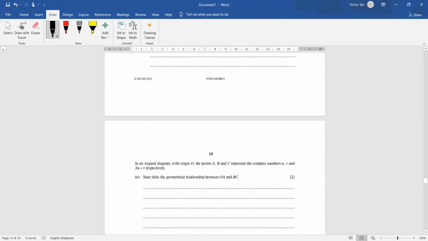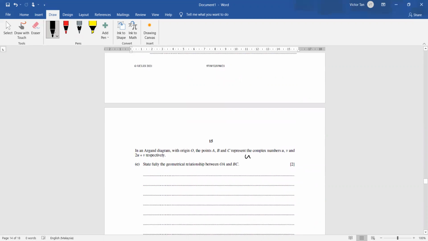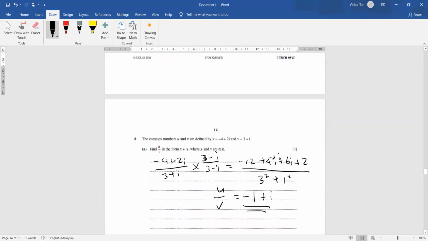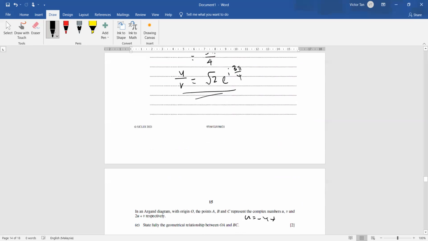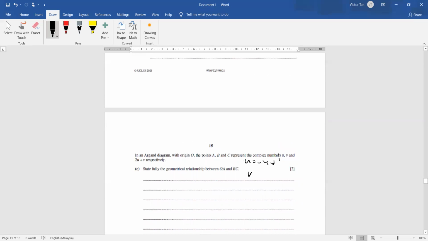U equals minus 4 plus I. V equals 3 plus I. 2U plus V equals 2 times minus 8 plus 3, minus 5, plus 3I. Okay, I'm going to write it down first.